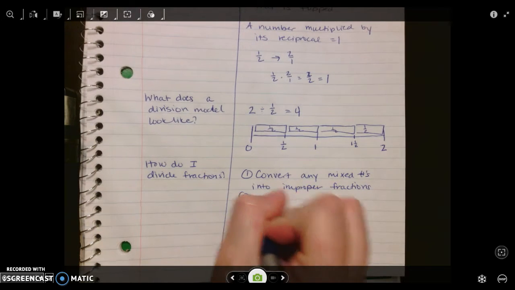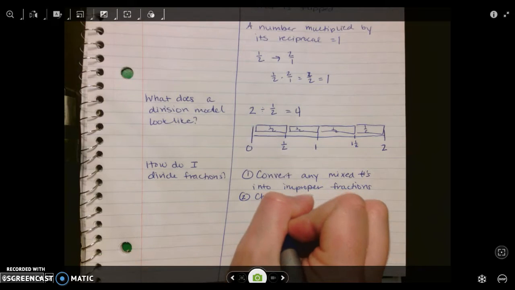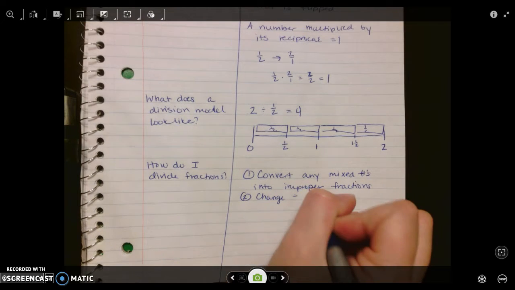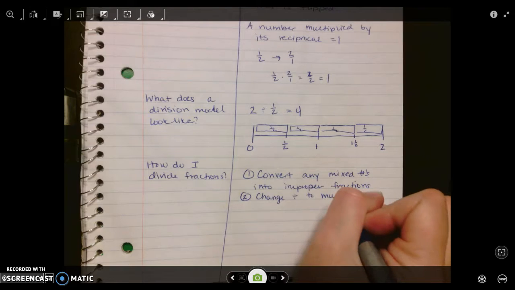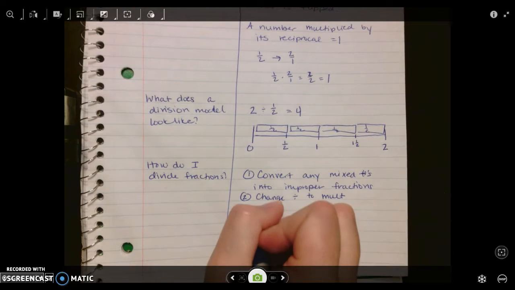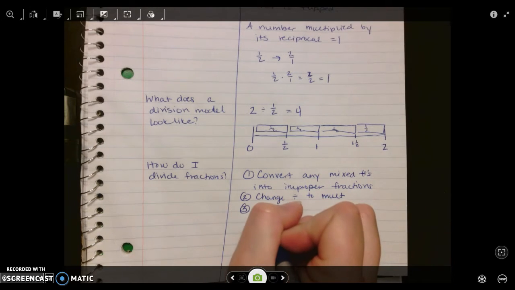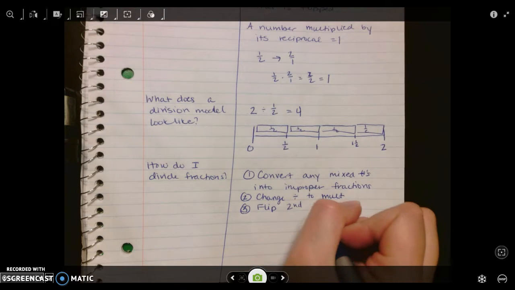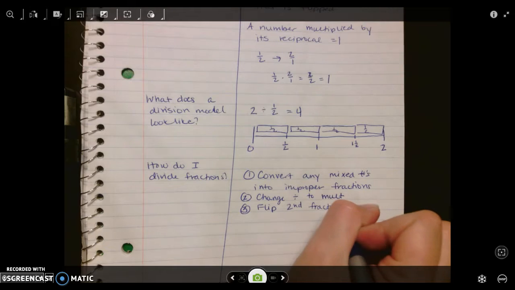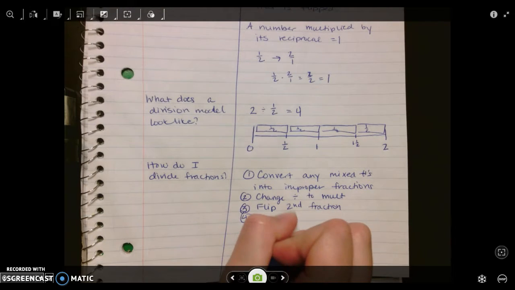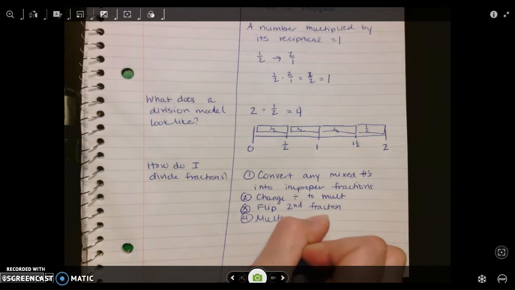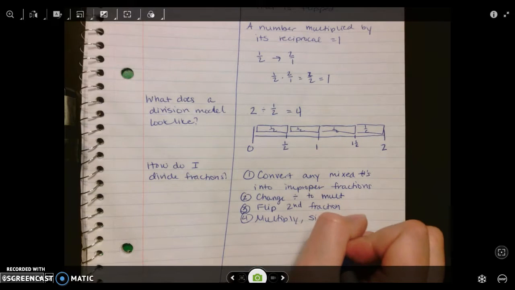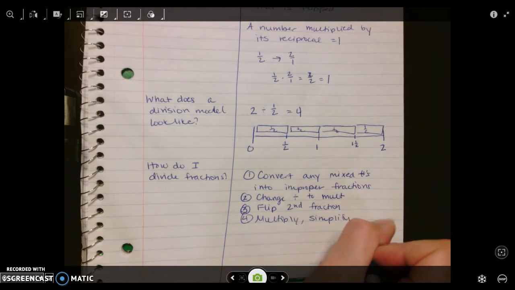Then what you want to do is change divide to multiply. Flip the second fraction, multiply, simplify, convert.